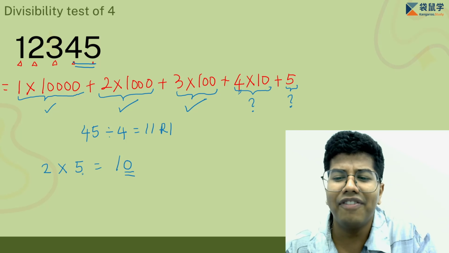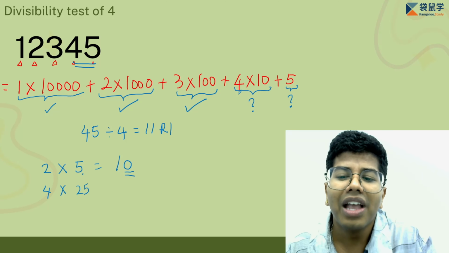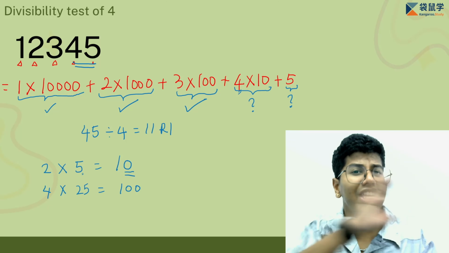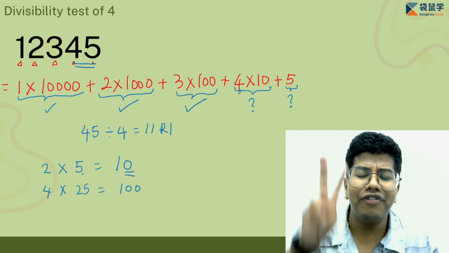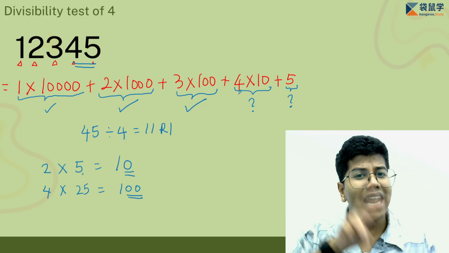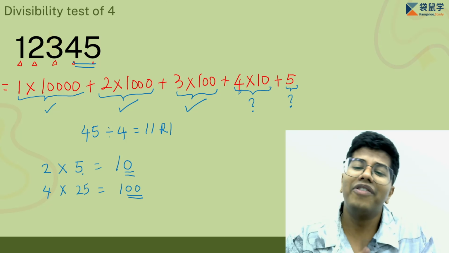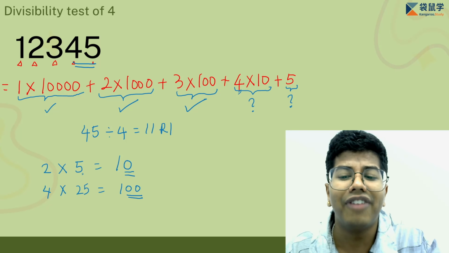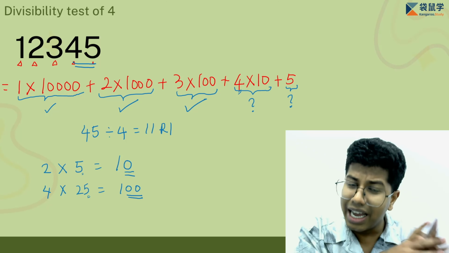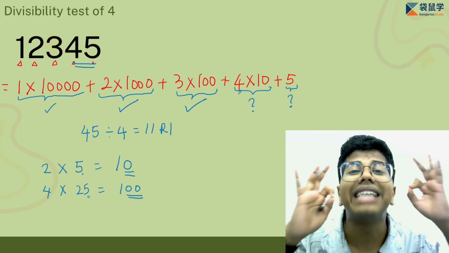Now the same thing if it's 4 times 25. Now 4 times 25 is nothing but 100. And I just said for 4, we just check the last 2 digits. So here the last 2 digits are 2 zeros. So the same thing we can do to check for 25 also, because if it satisfies for the last 2 digits here, no matter what the multiple of 10 is, it will satisfy.